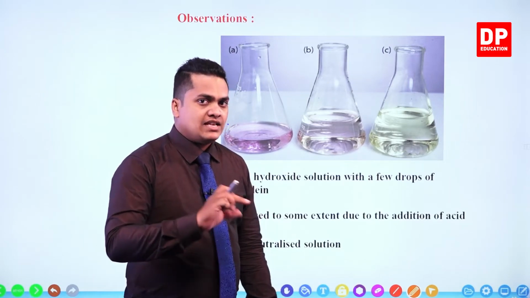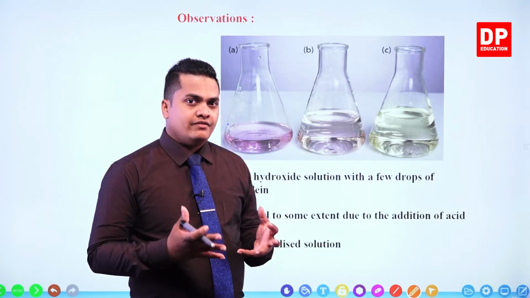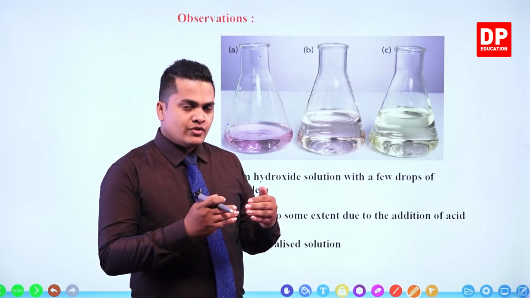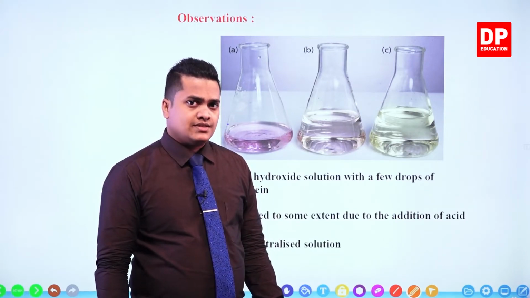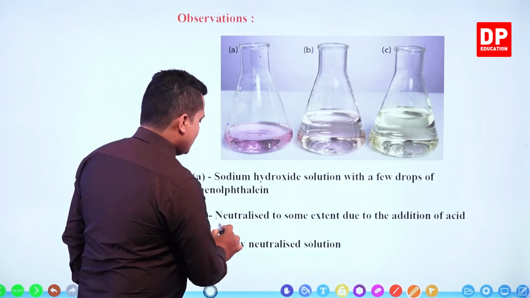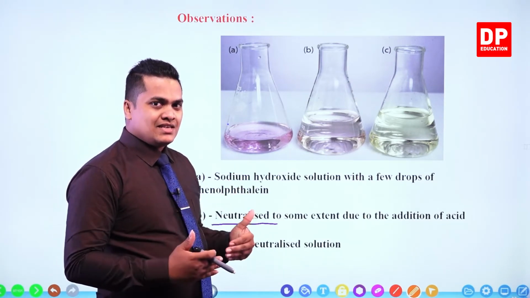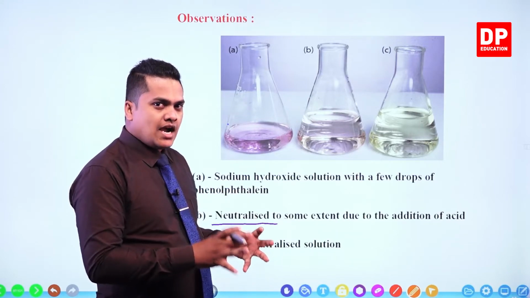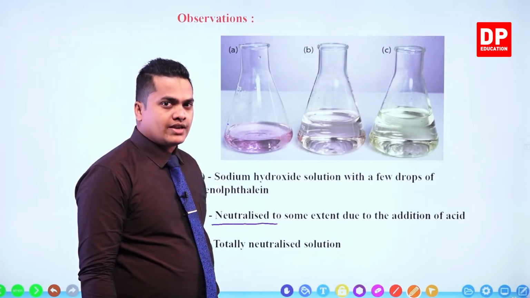So when an acid is added to a base, the acidic and basic features gradually disappear, making neutral substances. This process is referred to as neutralization. Here the basic properties of sodium hydroxide are neutralized to some extent when adding hydrochloric acid solution.